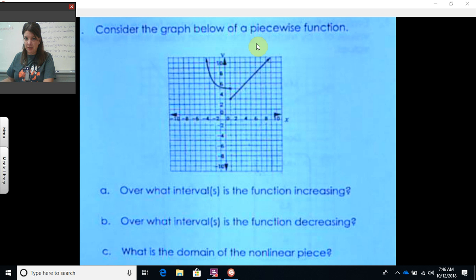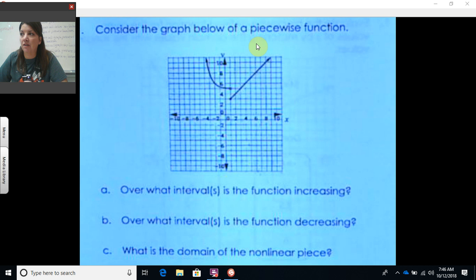Do that on your own. If you get it wrong, no big deal. We can erase it and write the right answer. Put what you think it's supposed to be, considering what you've learned already. You can use interval notation or set notation. It doesn't matter. I'm going to write both when I give you the answers.